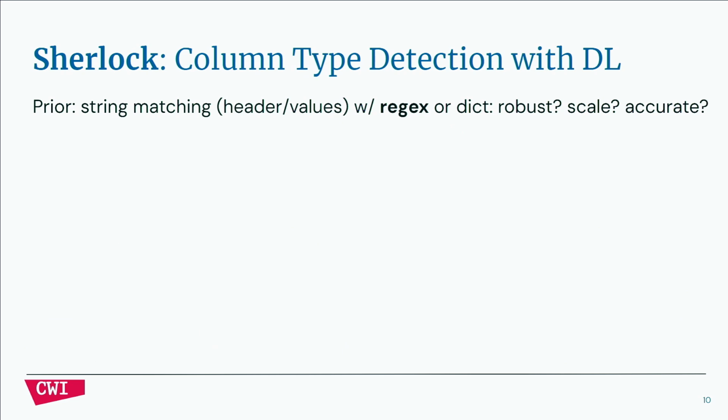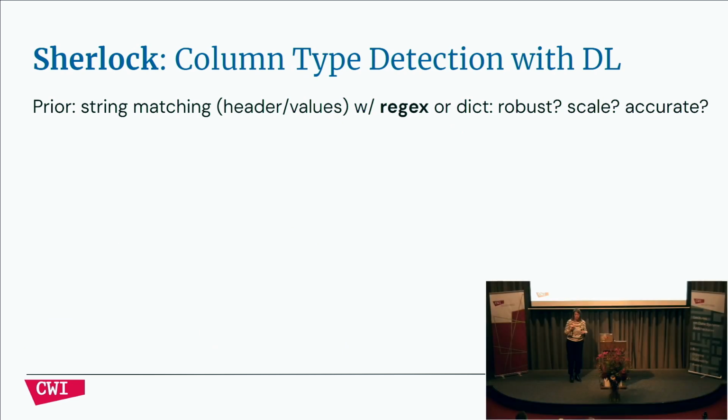So what we did, and this was back in 2019, so we did not have ChatGPT, right? So we used a very basic neural network, because what we had at that point to do semantic type detection is regular expressions, which means we had a regular expression to, for example, find whether the values in a column were credit card numbers.